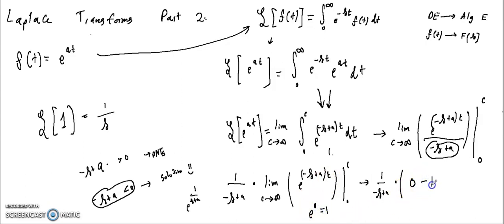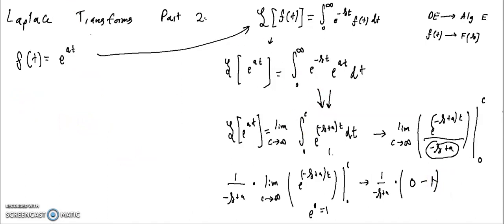So minus 1. So if you follow me over to the left, we get 1 over negative s plus a times negative 1, which is the same thing as just 1 over s minus a.